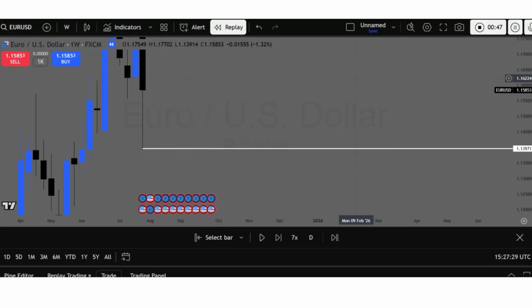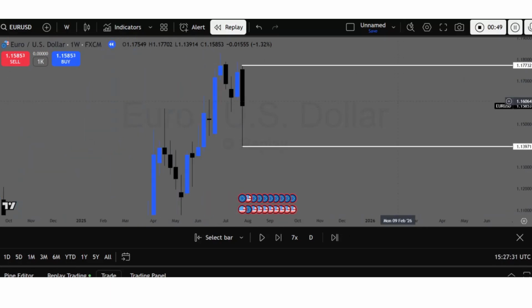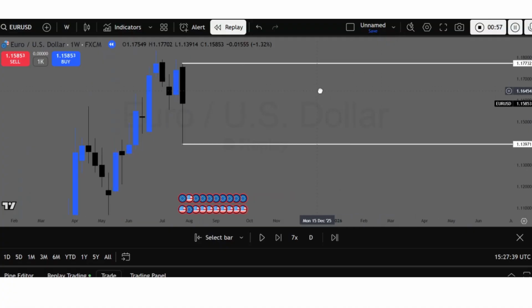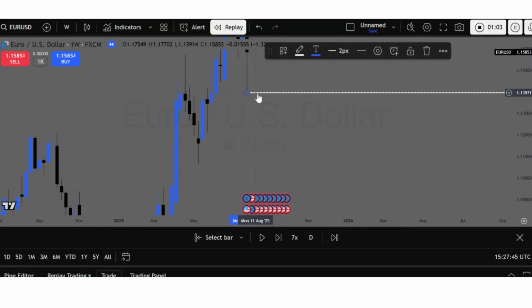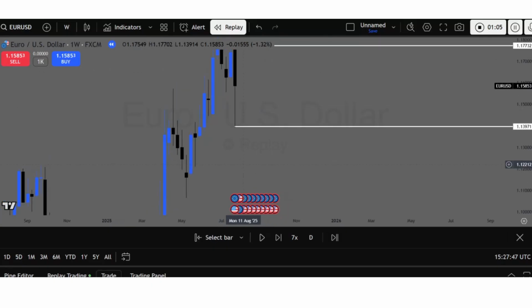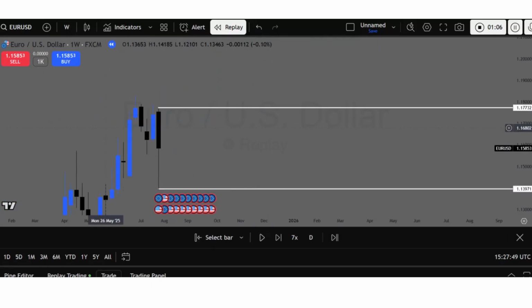Why am I marking these highs and lows of this candlestick? Because it plays a big role, which implies liquidity. These areas, guys, have liquidity or stop losses as well as orders on these highs and lows. So that implies that money is over there.